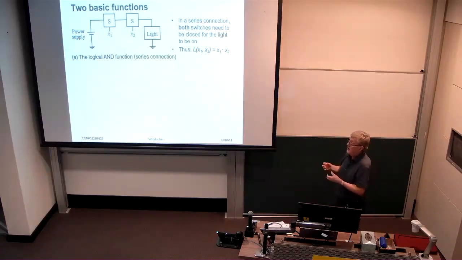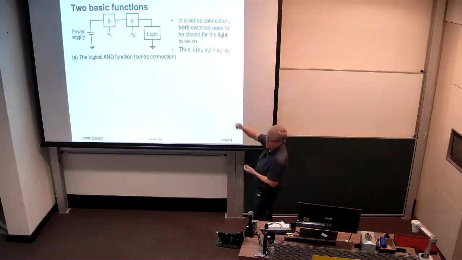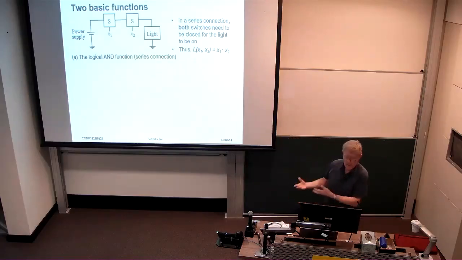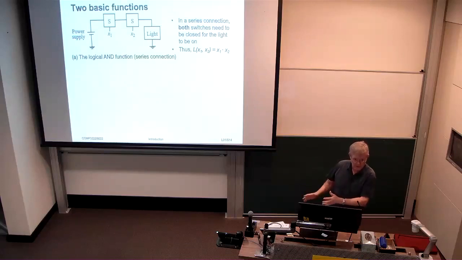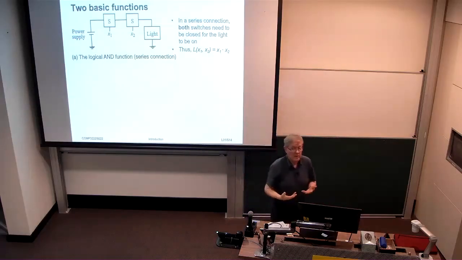And that defines the logic function AND. We need x1 and x2 to be 1 before the light is on, right? If either one of them is off, or if both of them are off, the light's going to be off because there'll be an open circuit there, right? So here the dot represents the logical AND.